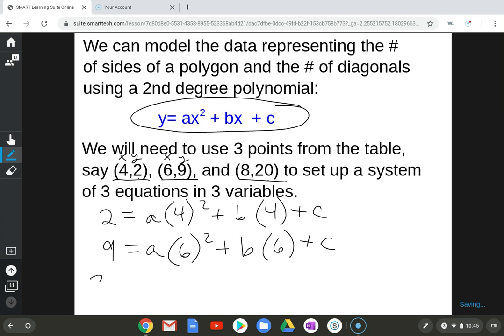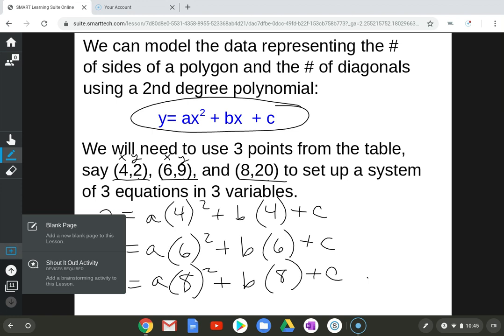And my last one, 20 equals a times 8 squared plus b times 8 plus c. So we have 3 equations and 3 unknowns, a, b, and c. So I'm going to rewrite this on the next screen so I have a little more space to solve these.